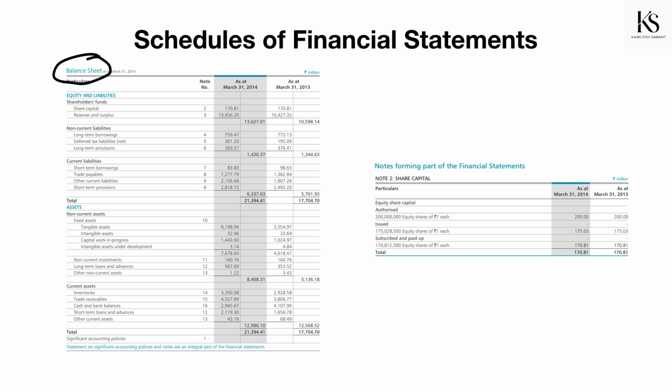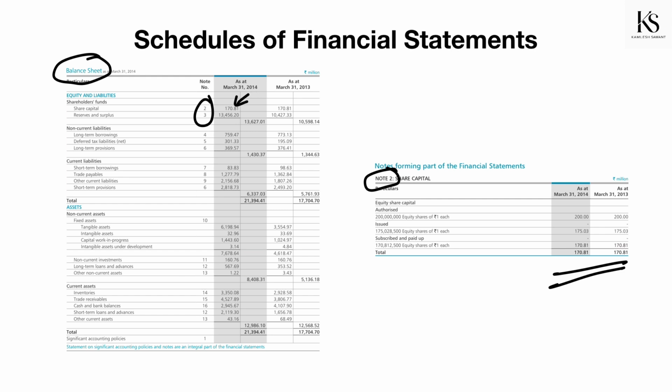Each particular in the financial statement is referred to as a line item. For example, the first line item in the balance sheet under equity and liabilities is the share capital. If you notice, there is a note number associated with share capital. These are called the schedules related to the financial statement.